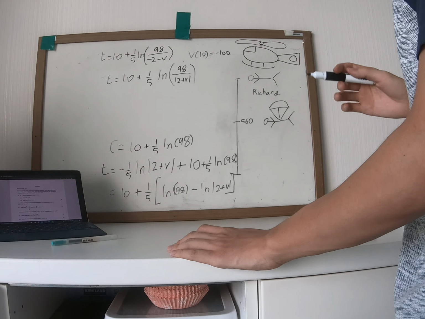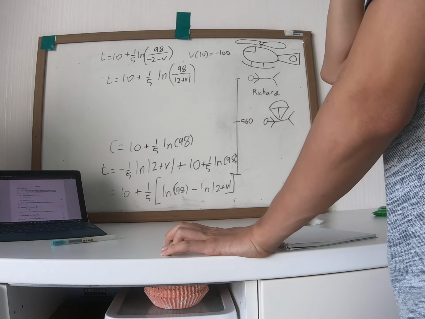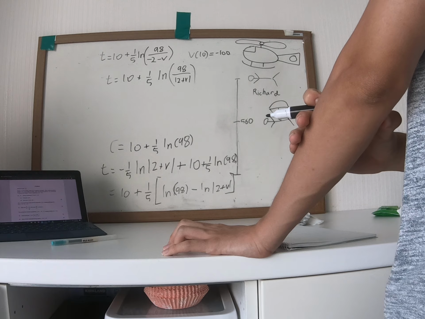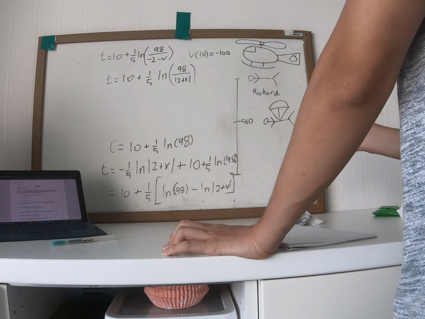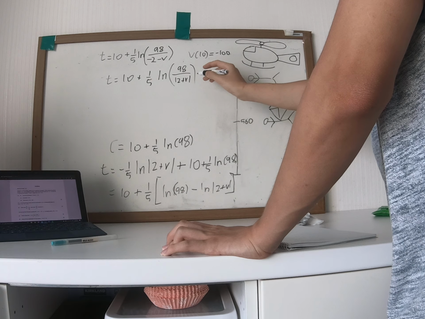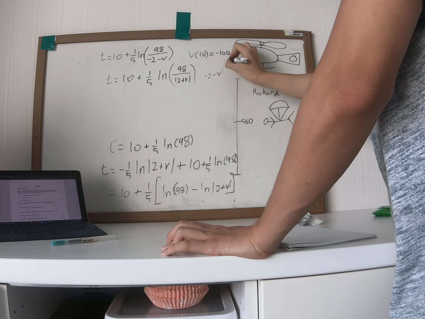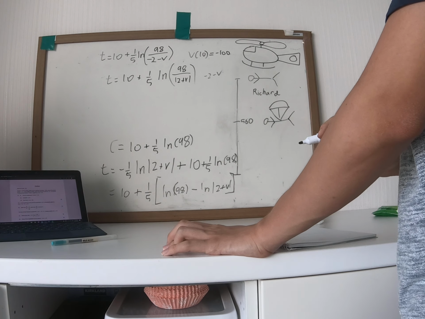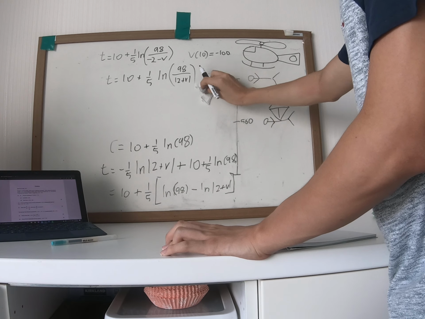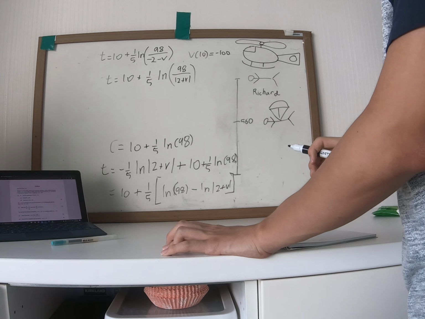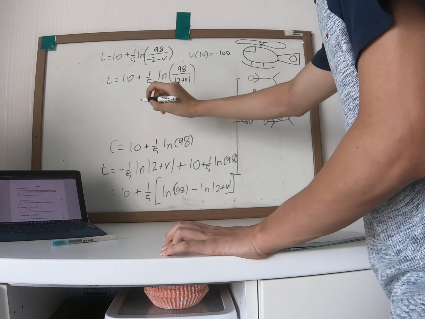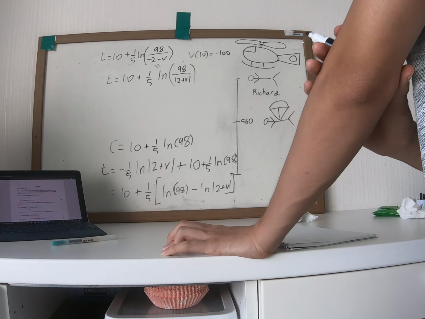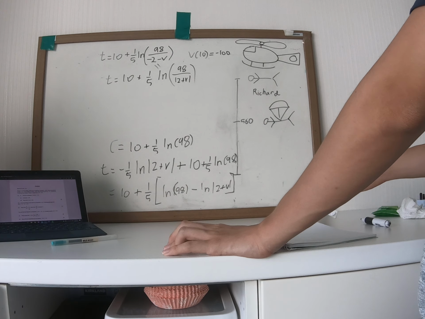Well, this is not exactly the same, but since the question said a is always positive for t greater than or equal to 10, we know that the absolute value of 2 plus v can either be 2 plus v or negative 2 minus v. But since the question asks us to show that it can become negative 2 minus v, we will say that the absolute value of 2 plus v becomes negative 2 minus v, which is essentially the same. And we did show the relation, which is the answer for C.